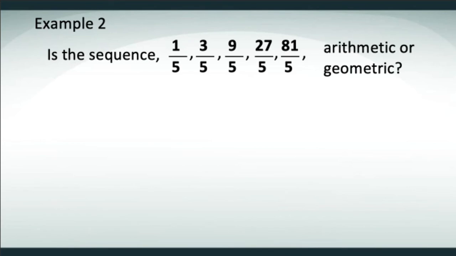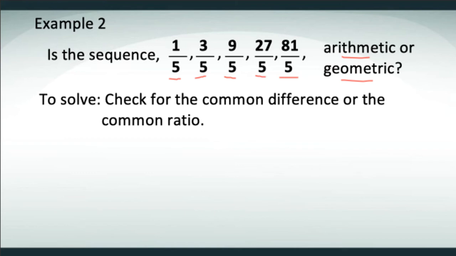Let us have the second example. We have 1/5, 3/5, 9/5, 27/5, and 81/5. Is it arithmetic or geometric? So again, to answer the question, we will check for both the common difference and the common ratio. Let's start with 3/5 minus 1/5.